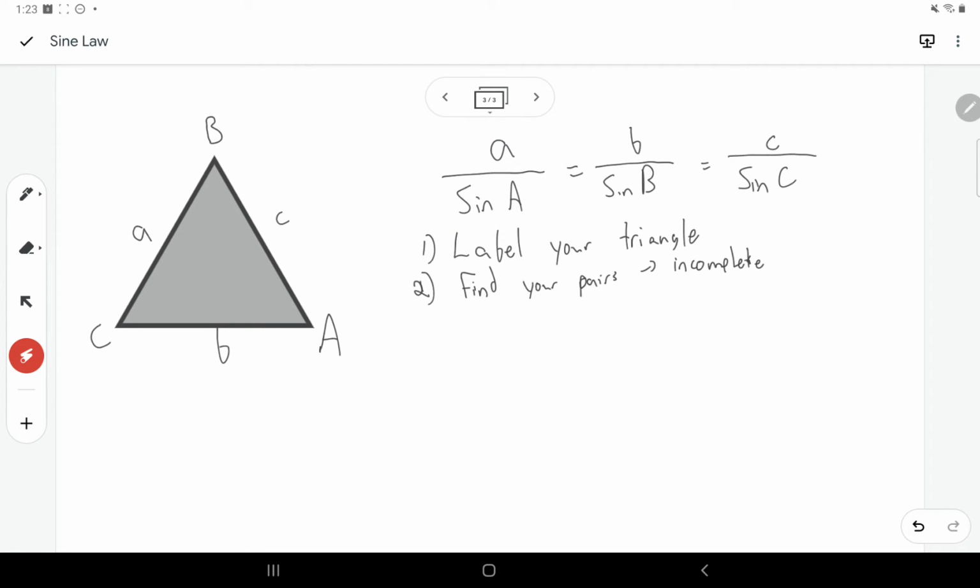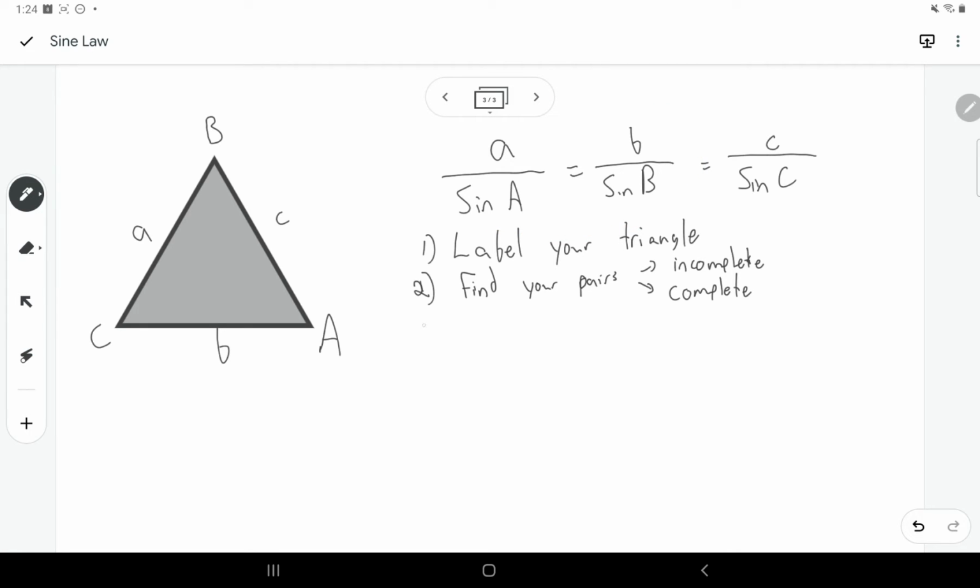We'll talk about that again in a minute, but then we also need the complete pair. Let's say we had the angle for B and the side length of little b. If you have both in a pair, then that is a complete pair, and we'll need one of those along with the incomplete pair to make an equality that we can solve.